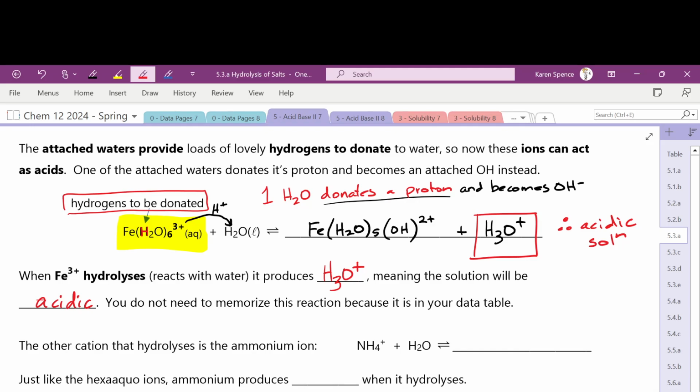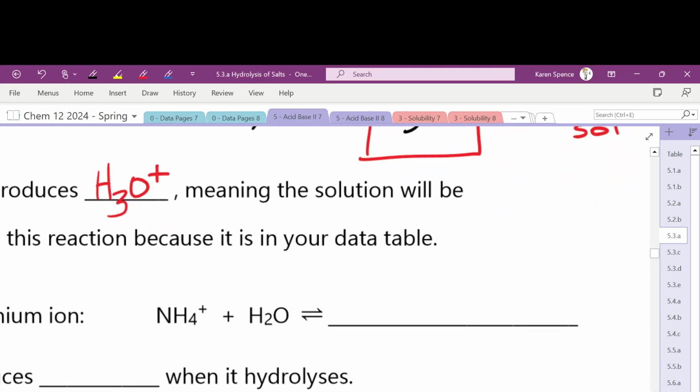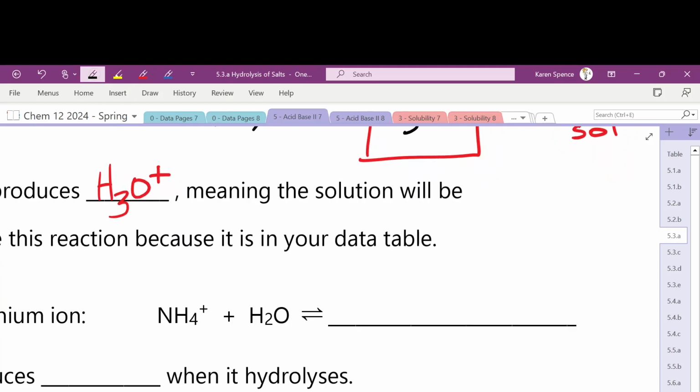The other 2 ions, the Al and the Cr, the metal ions, react in exactly the same way, so I'm not going to write them out. The only other one is ammonium. Could you please write the hydrolysis reaction for ammonium? We have NH4 plus H2O.